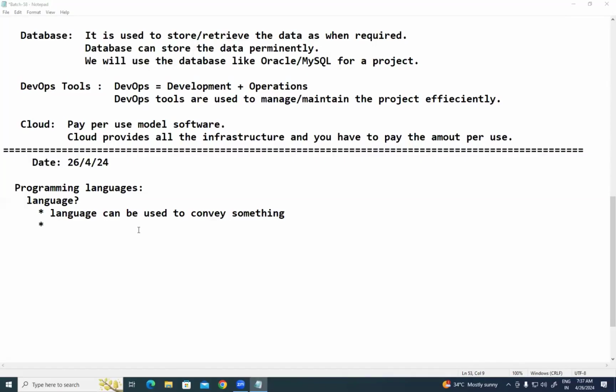The number of languages could be n number. I'm asking about types. For example, Hindi, English, Telugu, Tamil, French. I'm not talking about the number of languages. I'm talking about categories of languages. So languages are divided into how many categories? That's the question.